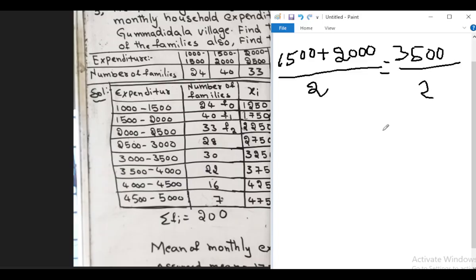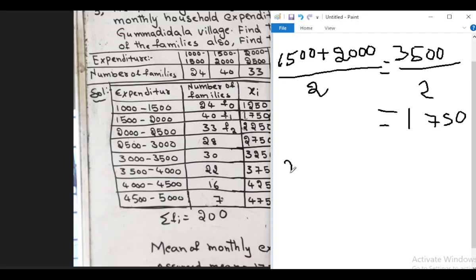If you go for cancellation, we get 2 1s, 2 7s, 2 5s, 2 0s. 1750 is the next class midpoint. Midpoint we are taking as the class mark.